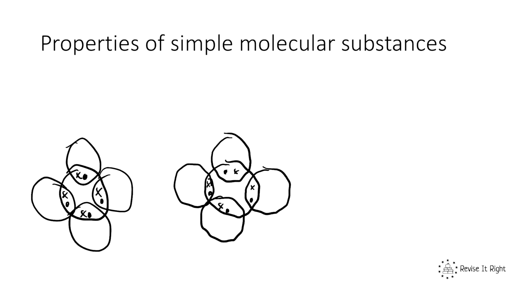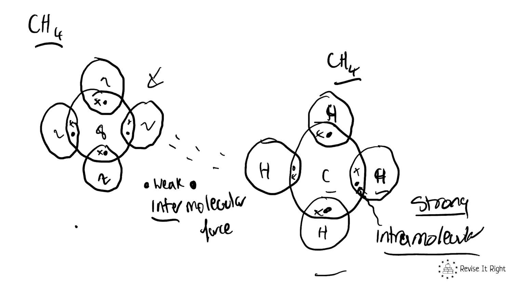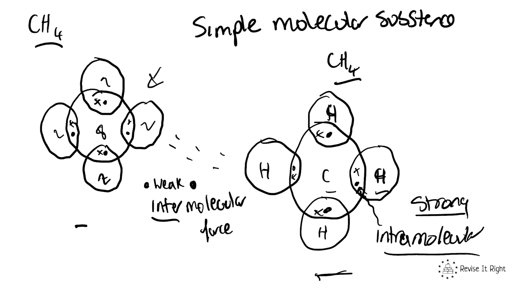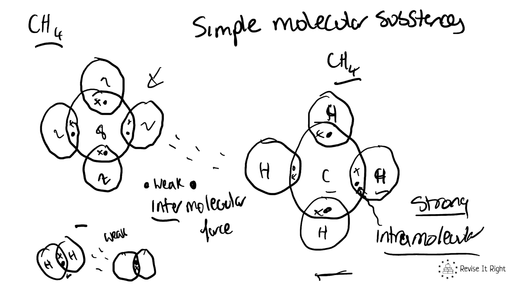Now we call these structures, when they form these weak intermolecular forces, simple molecular substances. There are many simple molecular substances that we could have talked about here. We could have talked about hydrogen, H2. Hydrogen and hydrogen bond here, and that bond is very, very strong, but they then bond to another H2, and that is a very weak intermolecular force.